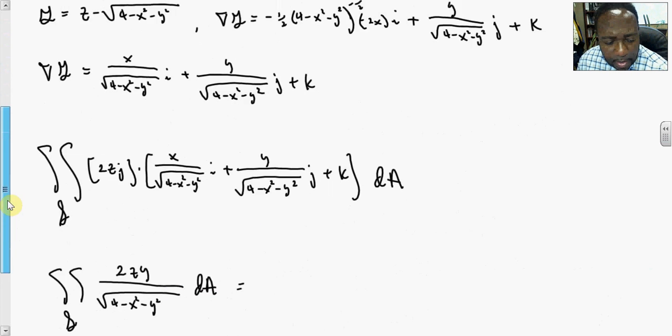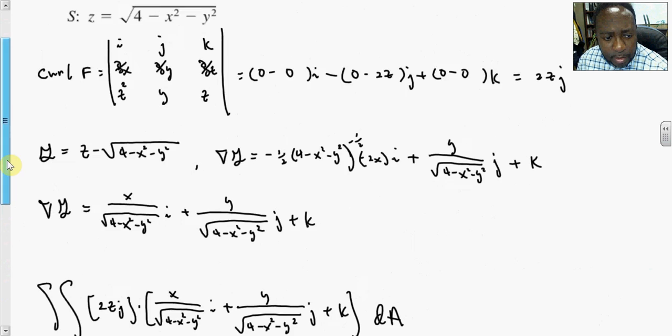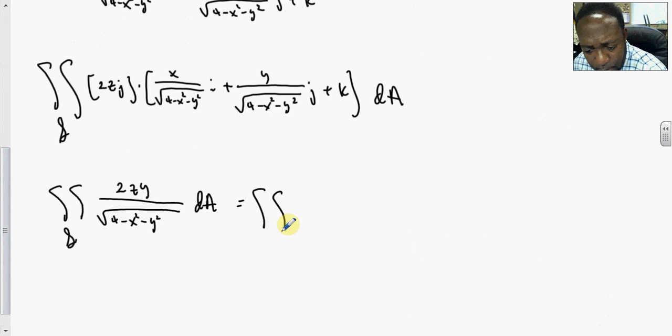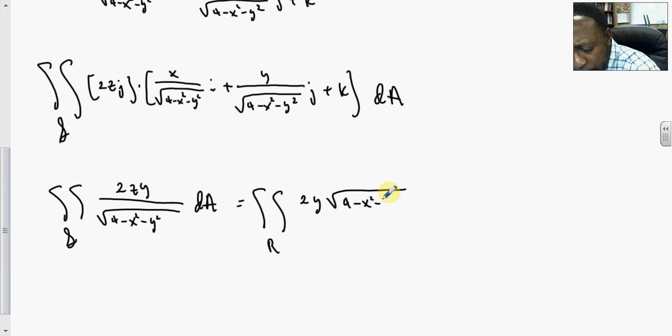Now z is equal to that radical. It's the double integral here now over the region. I'm going to get rid of z. This is 2y times z, which is the square root of 4 minus x squared minus y squared, all over the square root of 4 minus x squared minus y squared.